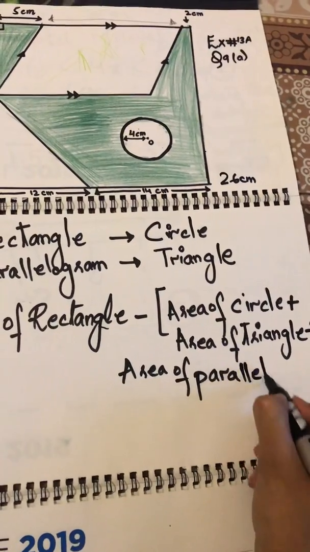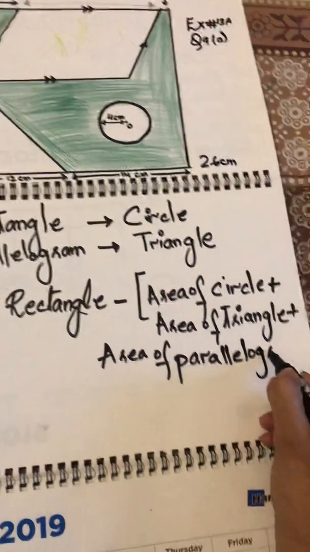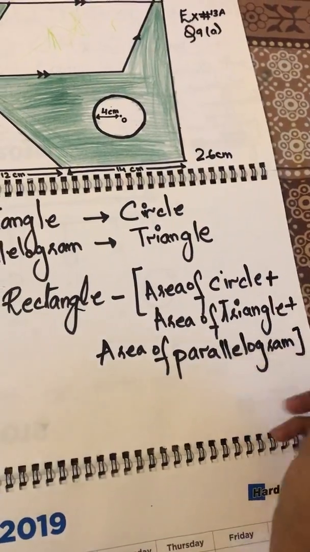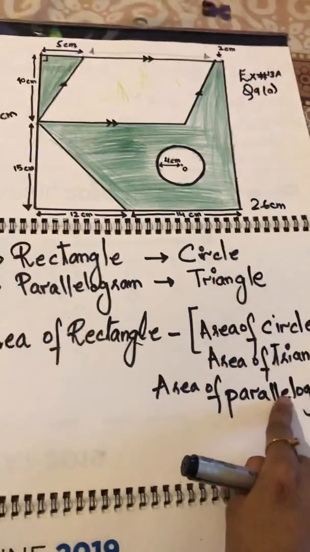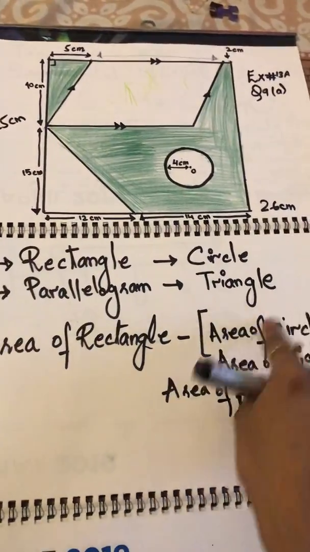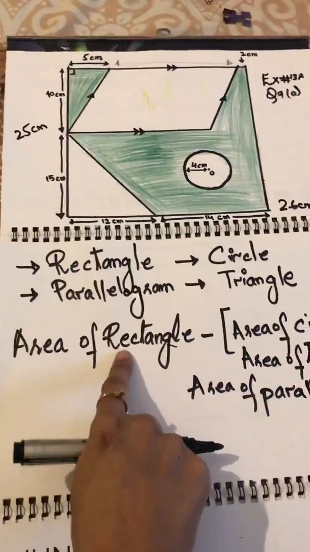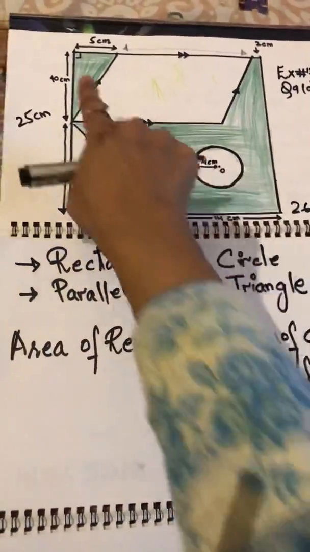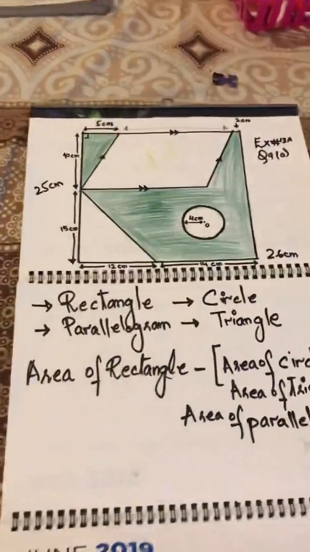Yes, is that so? If we add up these three areas and minus all of these three areas from the area of the rectangle, are we able to find out the area of the shaded region? Yes, of course we are going to find it out.